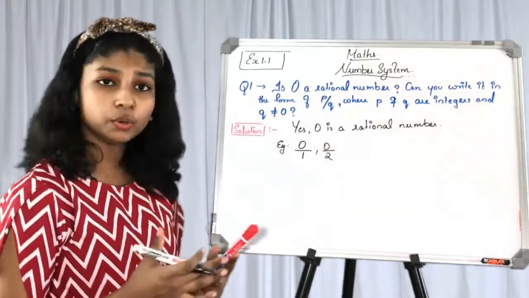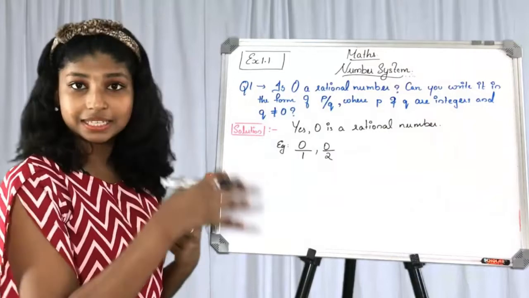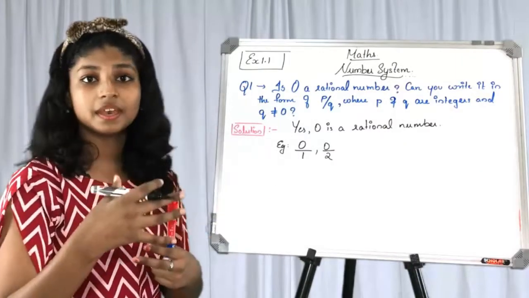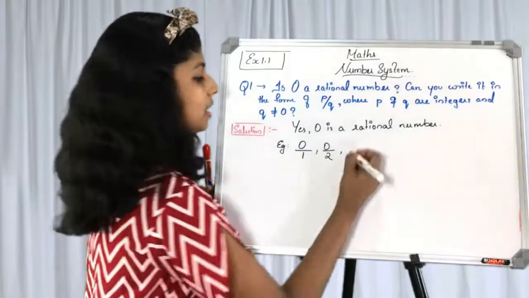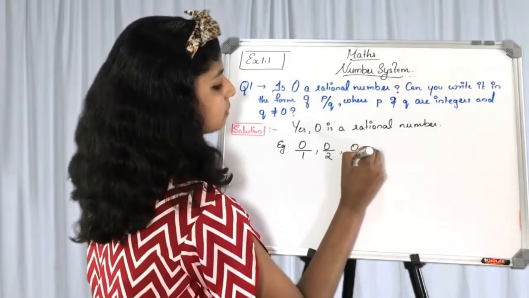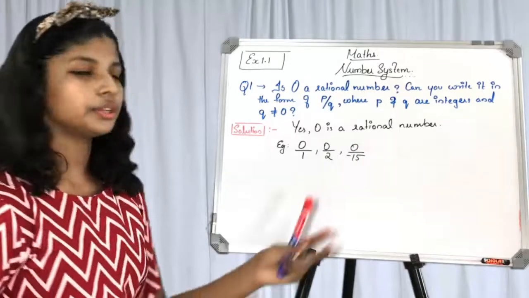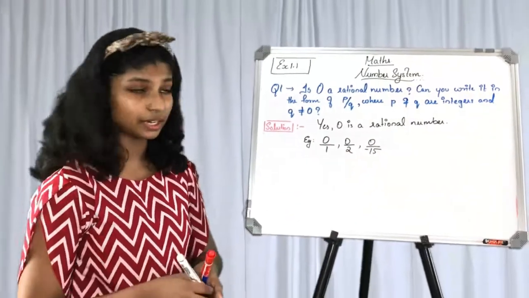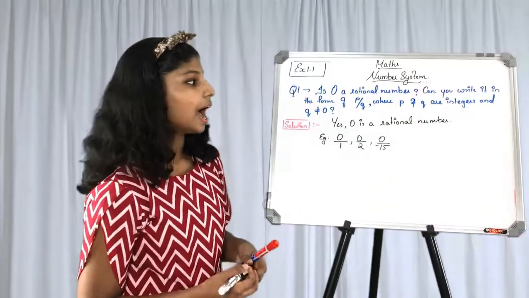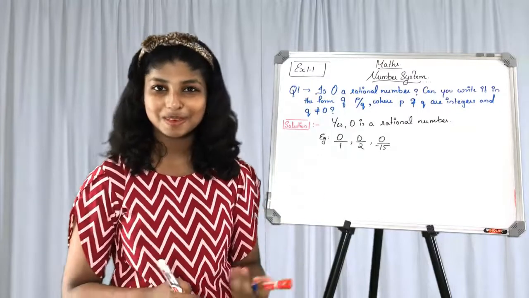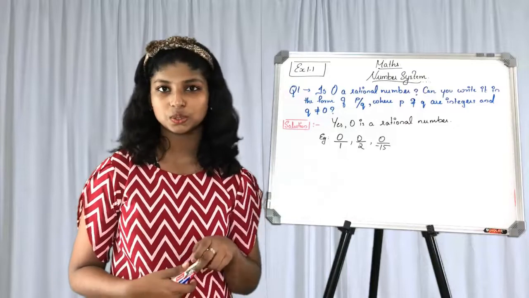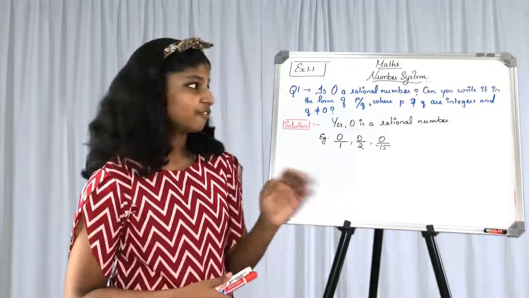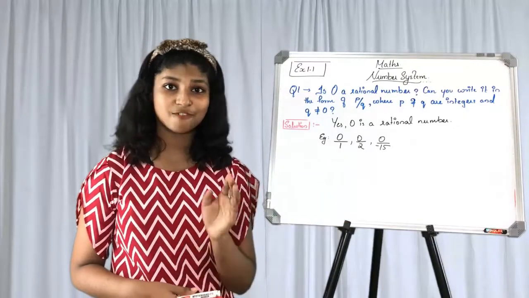You can even write this 0 with a negative integer, that is 0 by minus 15, and it goes on. So 0 here is a rational number, and you can write it in the form of p by q, where p and q are integers and q is not equal to 0. So that's the first question. Hope you understood that first question.